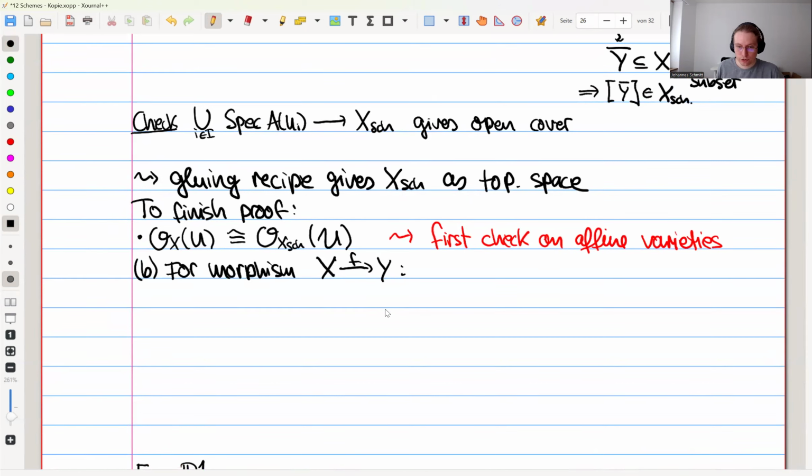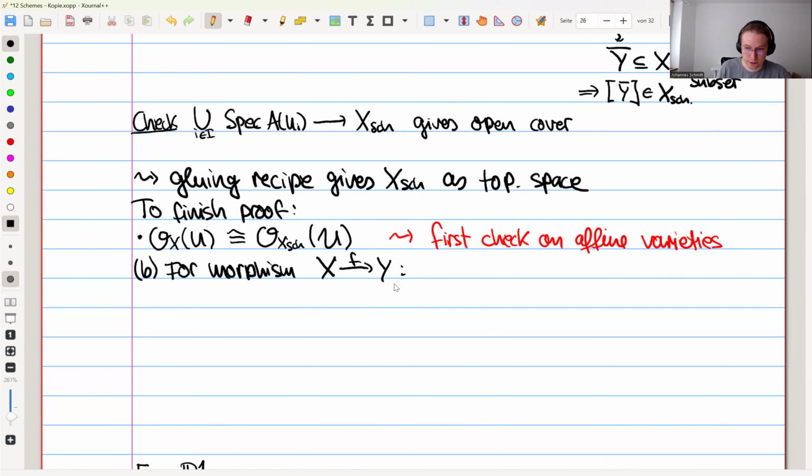But in the end, you need to show that this is a morphism of locally ringed spaces. And to do that, you want to reduce it to basically a morphism from some cover of X scheme by affine schemes to a cover of Y scheme by affine schemes.